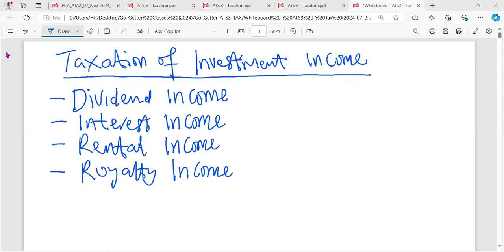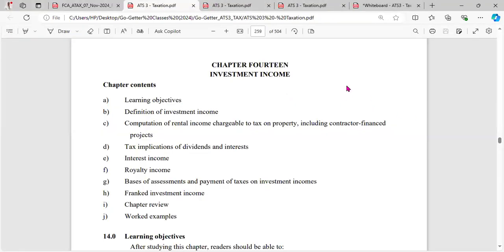Believing that you've done some of the assignments which were given to you, we now want to go to another topic, which is taxation of investment income. So, we are going to know what investment income is.